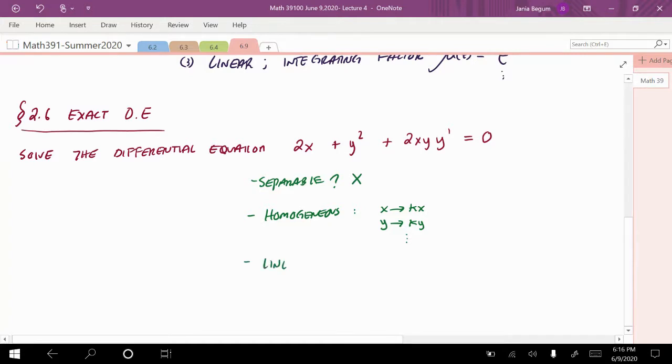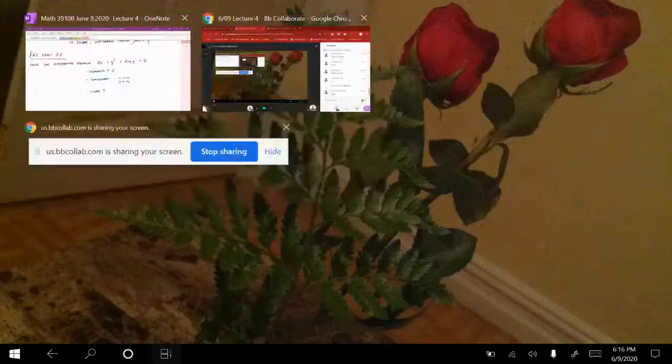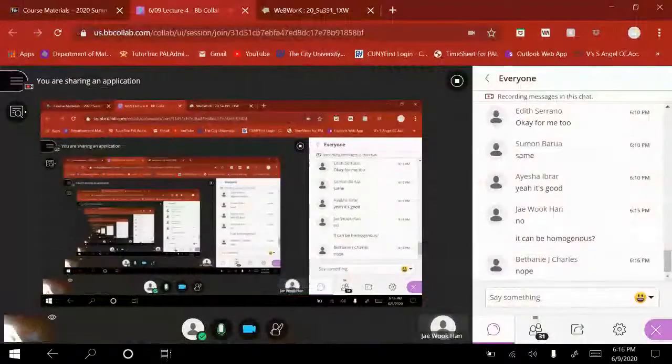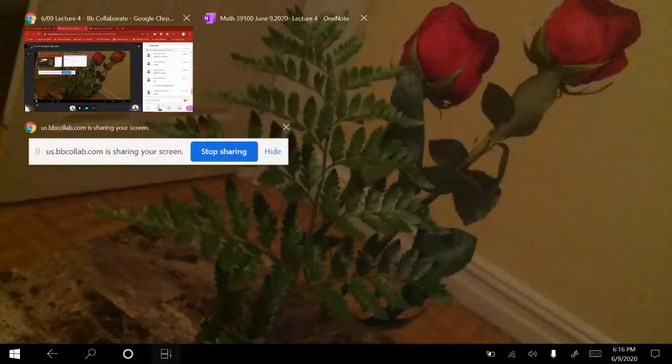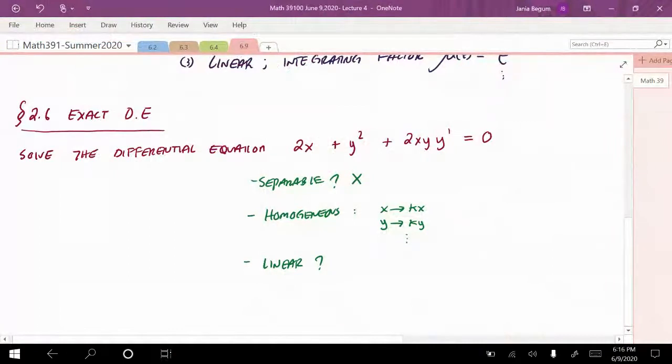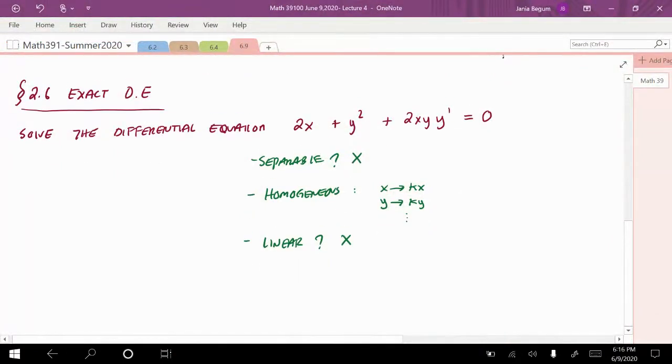Next, is it linear? We're kind of holding on to this homogeneous part; you can verify that. If it is, then you can use that method. So is it linear? No. So we see it's not separable and it's not linear. So we can go ahead and find another suitable method to solve this differential equation.